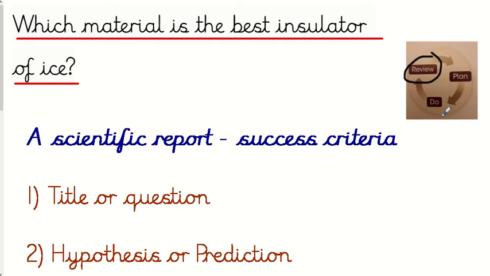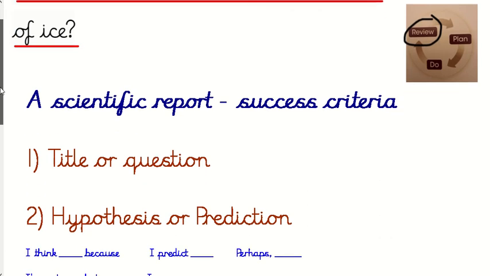Up until now, you've probably been making notes. And you probably haven't been too worried about what your work looks like. But today, I'd like you to think of that gateway and really be determined and persevere to do your very, very best work, children. Let's have a look at the success criteria then and what you'll need to do today.